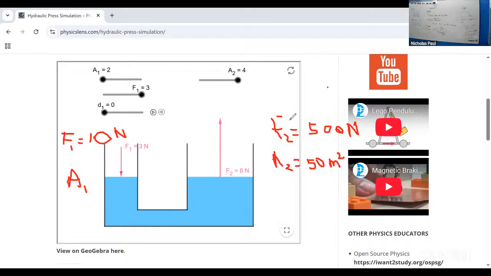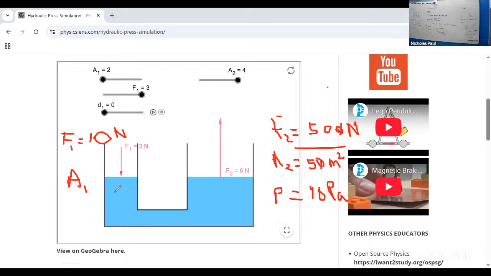So on the left side, Ashish, could you find the area? Could you find the pressure? But on the right side, can you find the pressure by just dividing? So the pressure is how much? 500 divided by 50, this will cancel, and you'll get 10. The pressure is 10 Pascal.